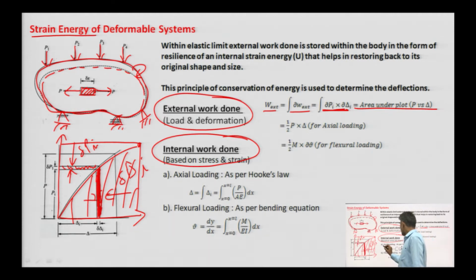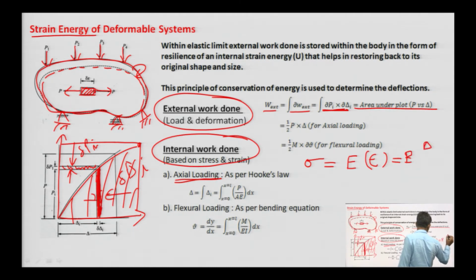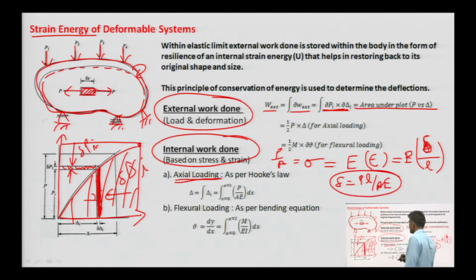In case of axial loading, stress is equal to modulus of elasticity multiplied by strain, and strain is deformation delta divided by its original length, and sigma is P by A. So, delta is equal to PL upon AE in case of axial loading.